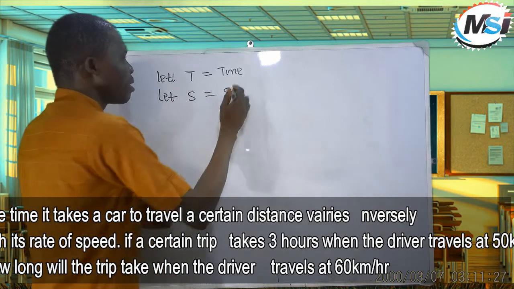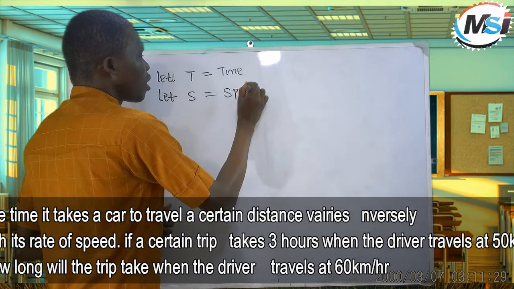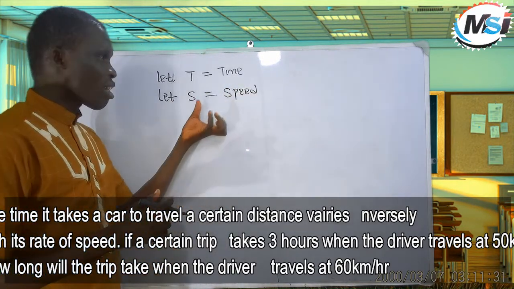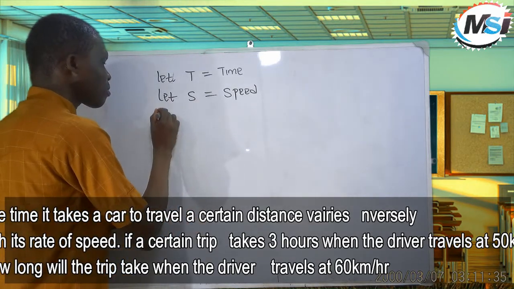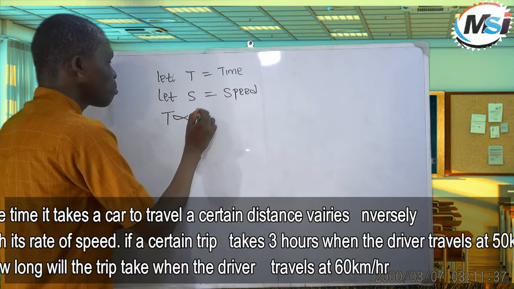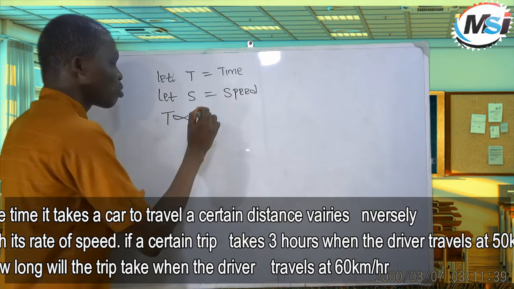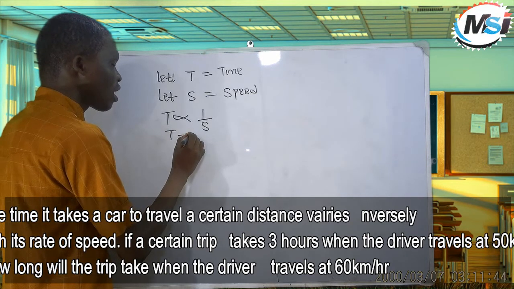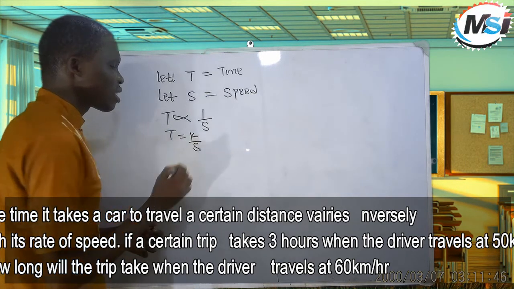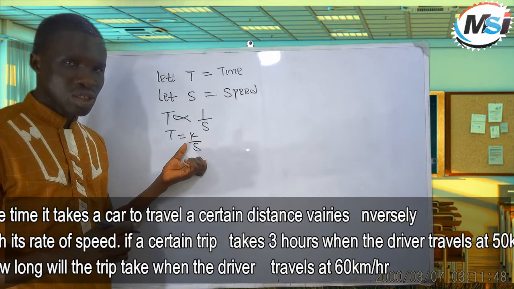Let s be speed. Now bring this together, applying inverse, you discover that t is inversely proportional to speed, and t will give us k all over s, where k is a constant.